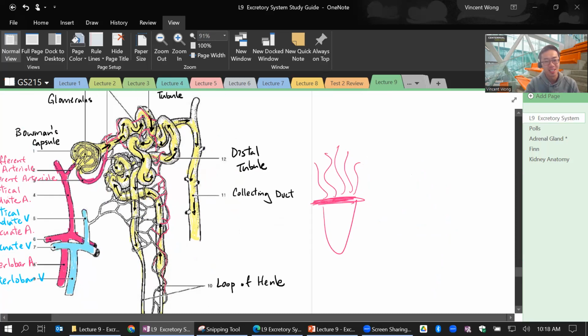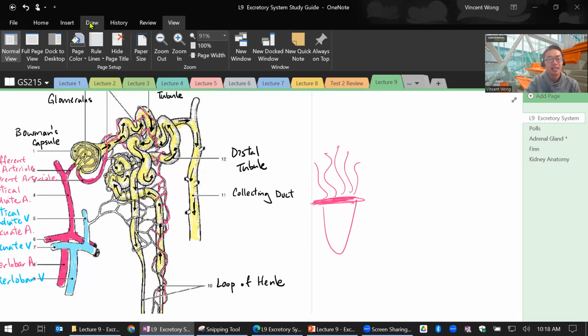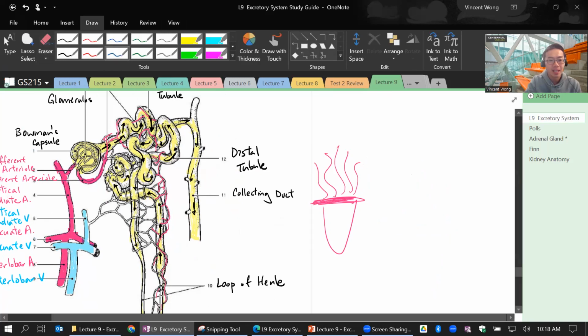So it's just wrapping around it, and at some point they are going to become blue, not literally, but in terms of the color we use to represent it, because it's going to transition into the vein.